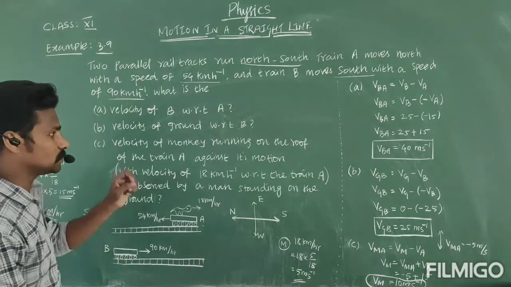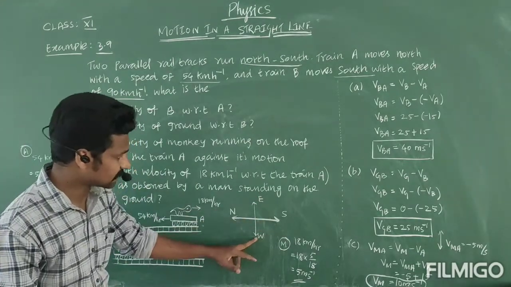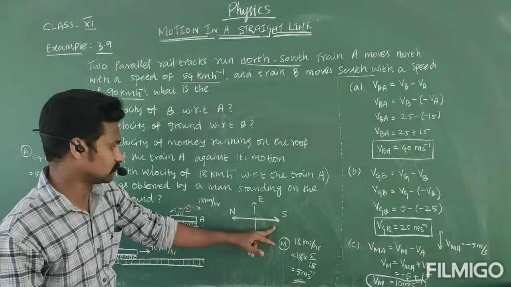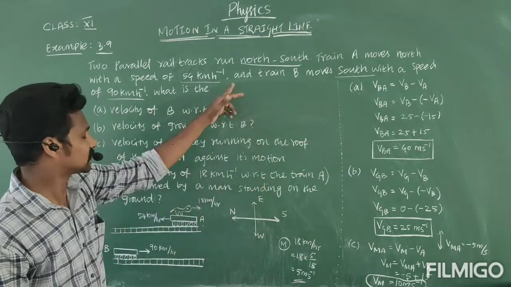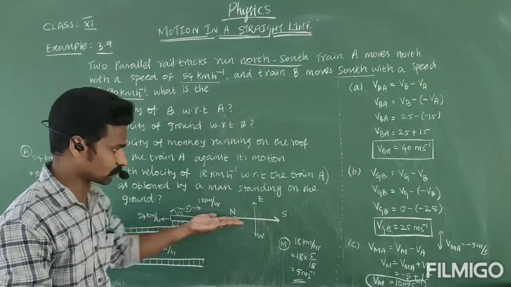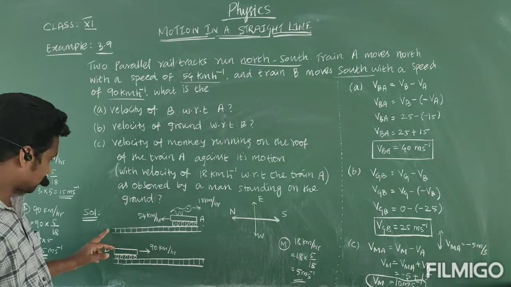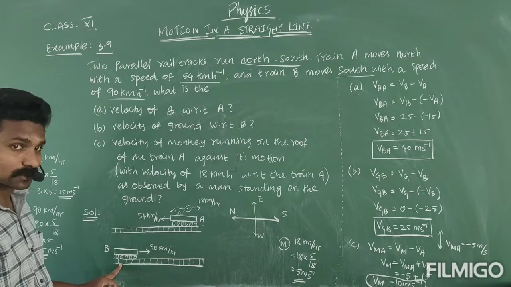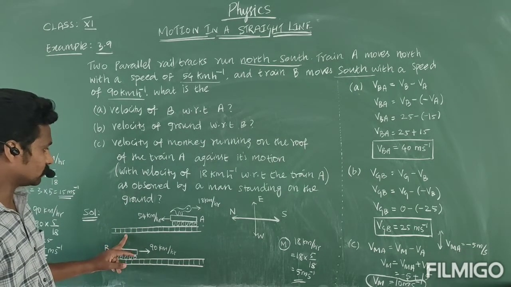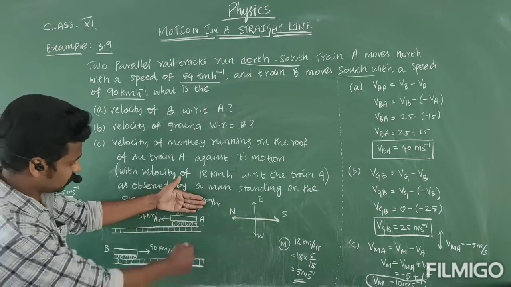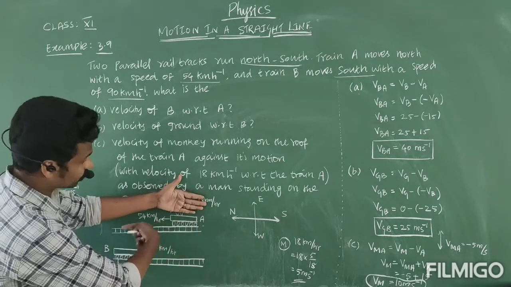So let's see this direction map: east, west, north, south. This question is related with the north and south road. Two railway tracks, track 1 and track 2. In track 1, train A is moving.